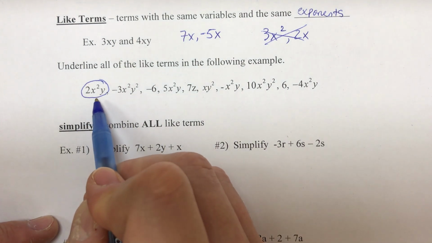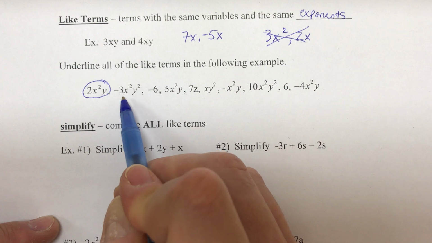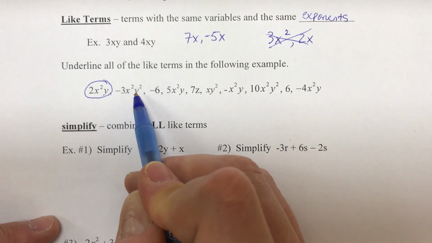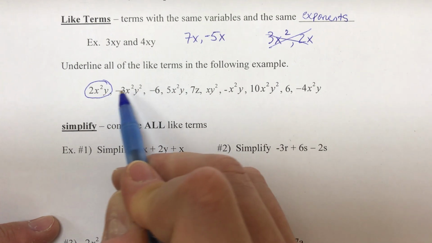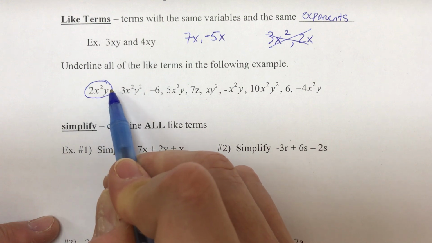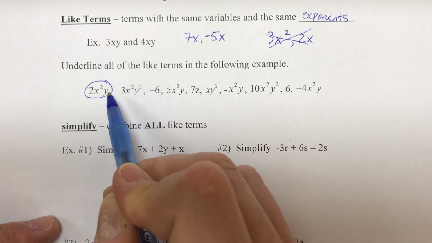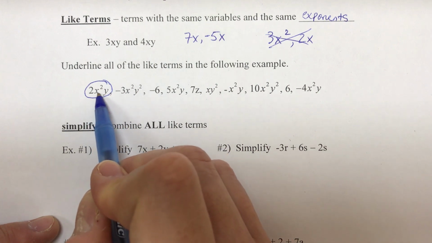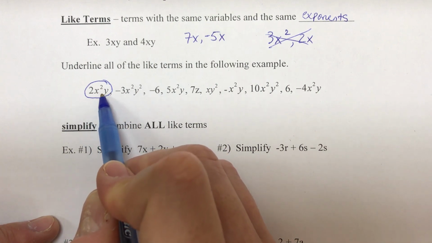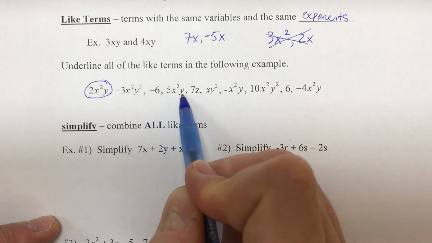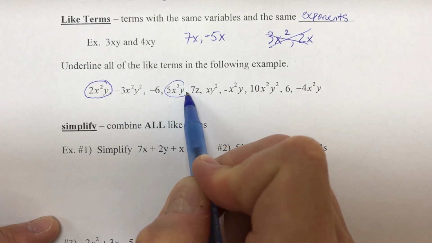The next term is negative 3x squared y squared. While this looks close, notice that the exponent for the y's is different, so these are not like terms. Do we have any other x squared y's? It looks like 5x squared y.